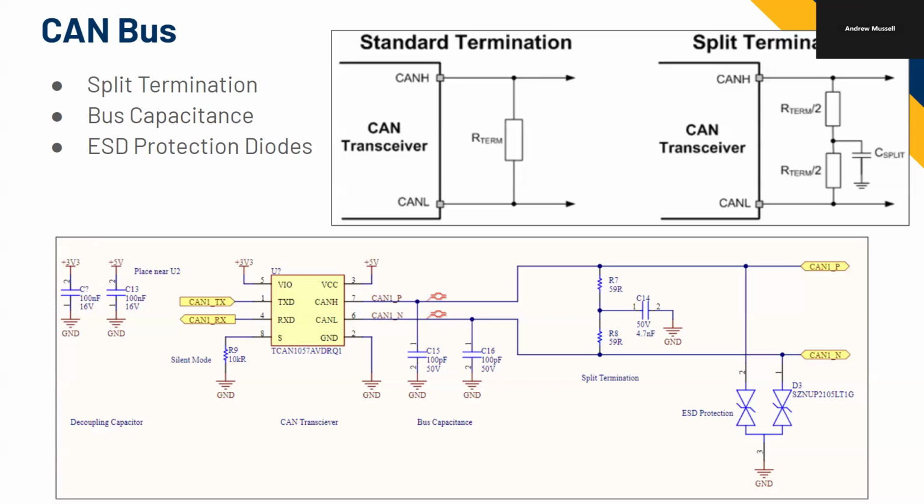But the way to think about it for communication is that the CAN H pin, number 7 on the transceiver, has a very high input impedance. You can think of it as a really big resistor to ground because it's just sensing, right? We don't want current going into that pin.